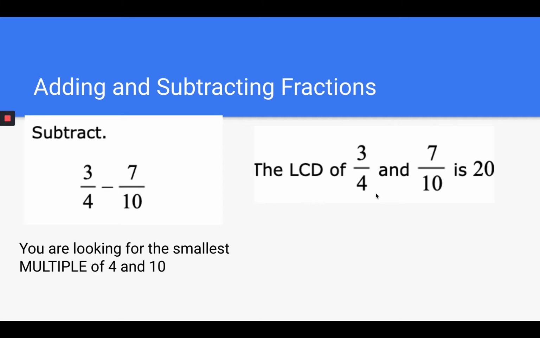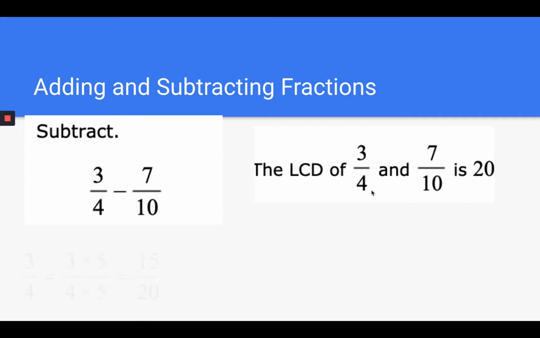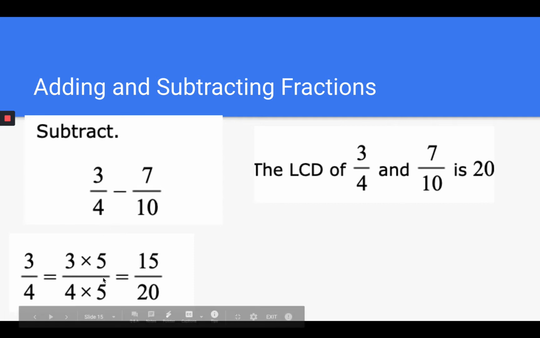So I want you to think about, what number would you multiply 4 by to change it into a 20? Hopefully you say 5. So you multiply 4 by 5 to get 20. Whatever you do to the bottom, you do to the top. And 3/4 becomes 15/20. Now, what number are you going to multiply 10 by to get 20?